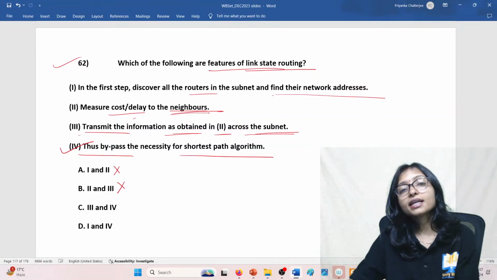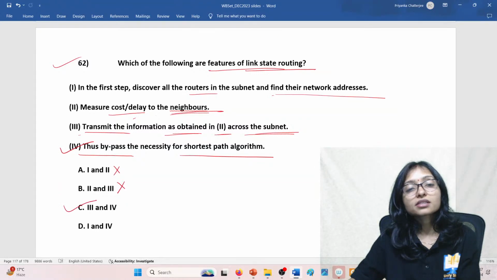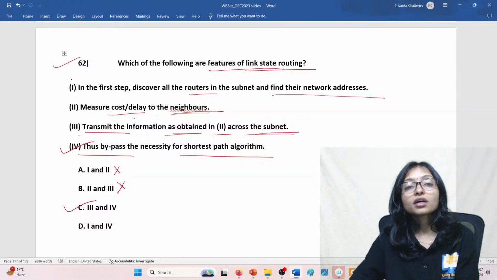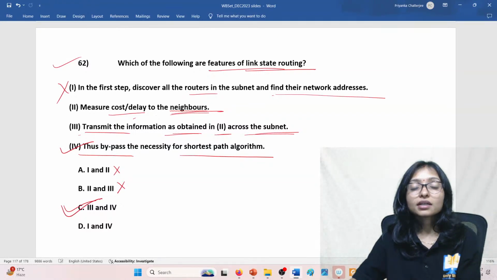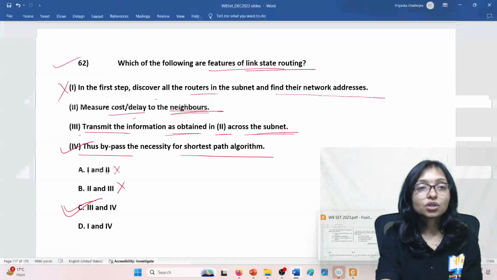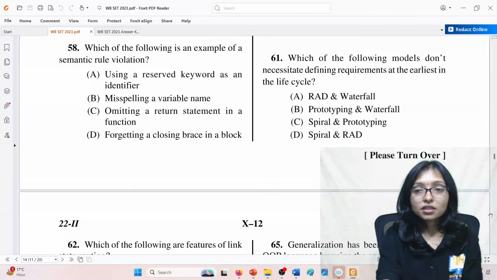Measure the cost and delay of the neighbor, then it is going. So yes, the most accurate answer is this one. The first step is to discover the router. So the most accurate answer is option C. And I think in the official answer key also it was option C.